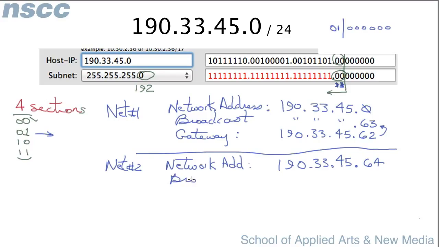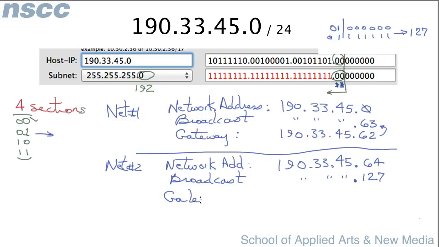The broadcast address for this network has these all 1s. And so 0, 1 with all 1s, this number here is 127. So my broadcast address is 127. All these are the same.